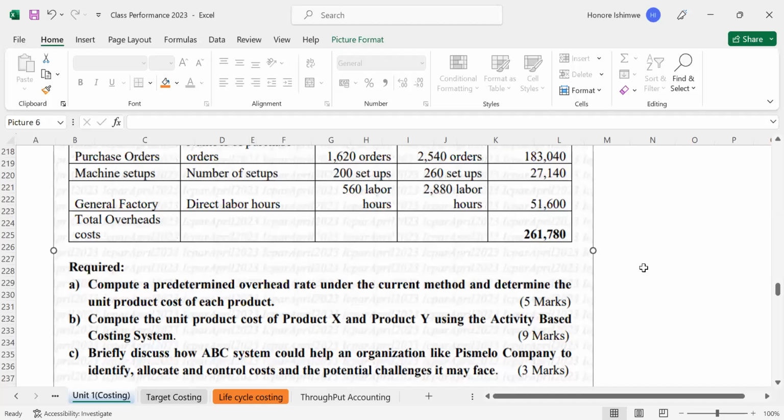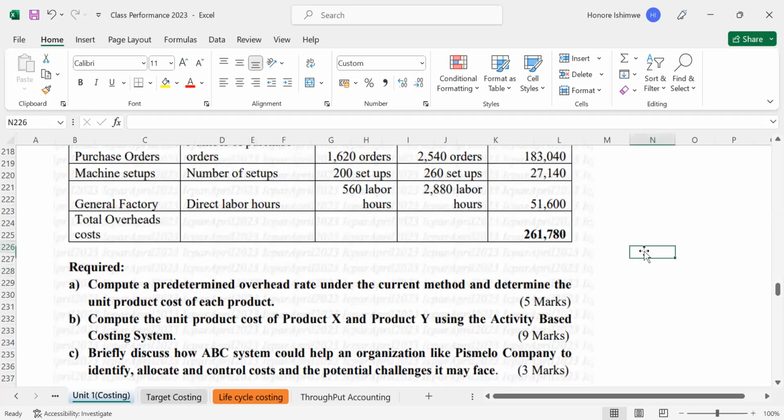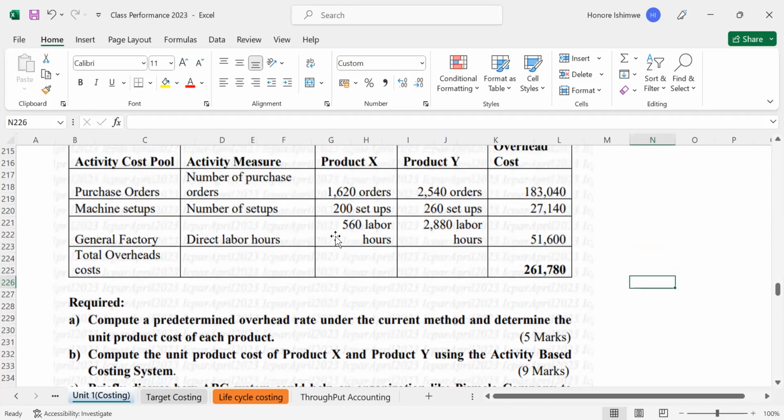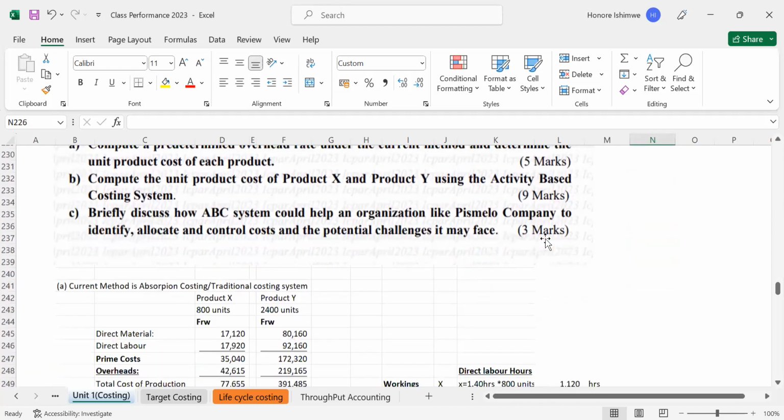The overheads we have in the question are the purchase orders, machine setups, and general factory. These are the costs. So let's produce a cost per activity for each overhead. Now, how to work on that? Very simple. So we have purchase orders, machine setups, and general factory.